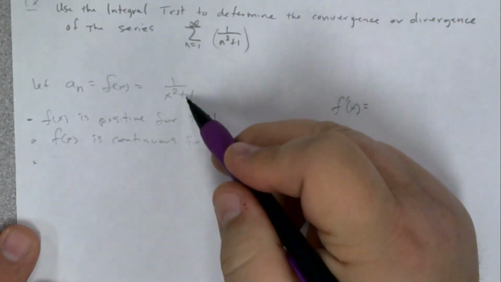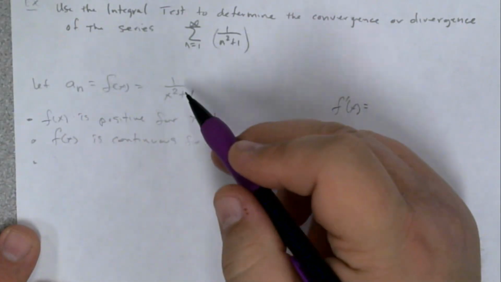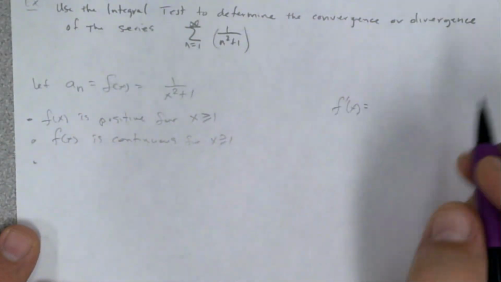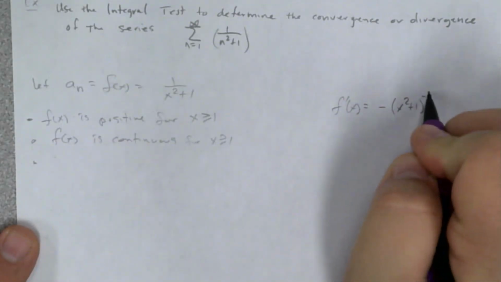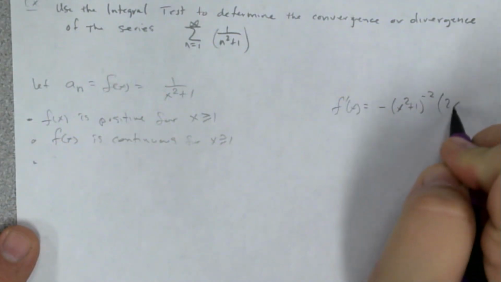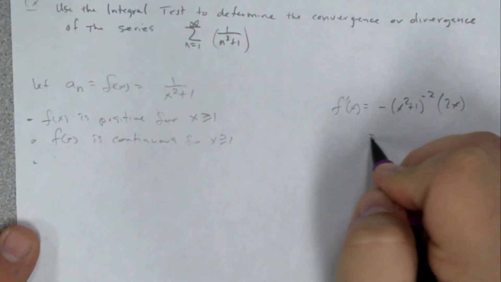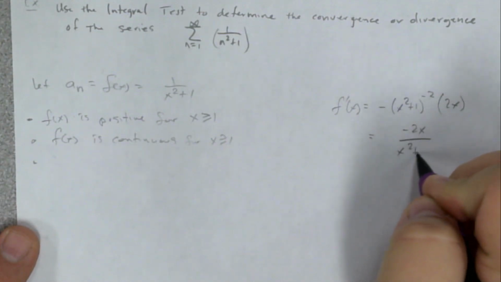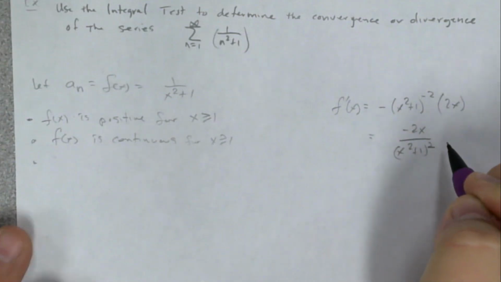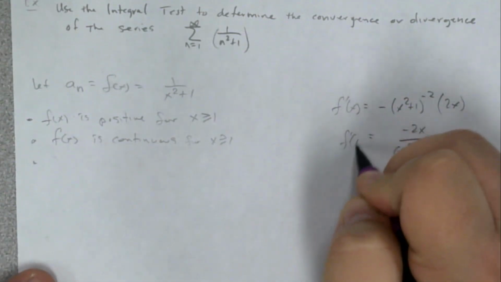You can use the quotient rule, whatever you want to do. But literally the derivative comes out to be this right here. And then you can clean this up and you get negative 2x over x squared plus 1 quantity squared. And that is what f prime of x equals.